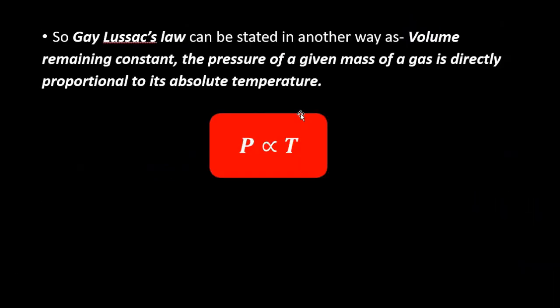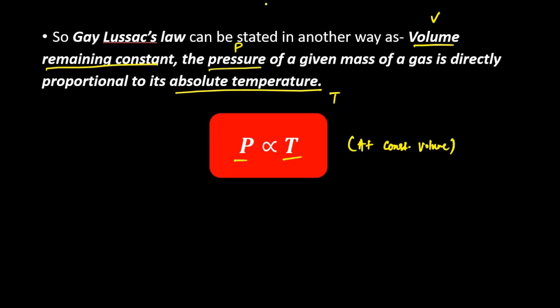So Gay-Lussac's law can be restated as: at constant volume, the pressure of a given mass of gas is directly proportional to its absolute temperature. Pressure is directly proportional to temperature at constant volume.